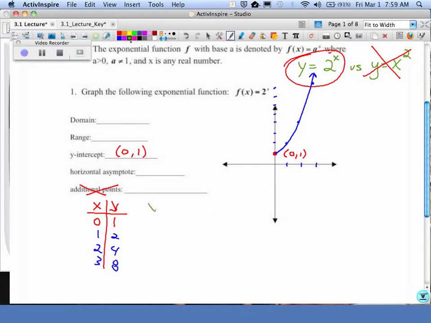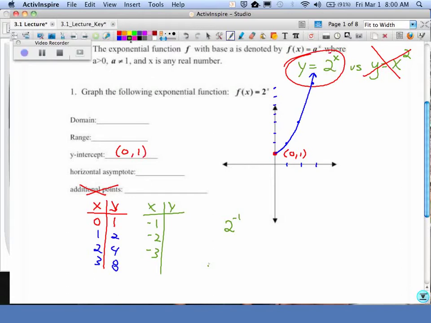I'm just continuing the XY table. Now as I move to the negative side, what's going to happen? Somewhere along the lines, you had a teacher that taught you how to work with negative exponents. What happens with 2 to the negative 1? What do you do with the negative exponent? You're probably thinking the right way, you're just using the wrong terminology.